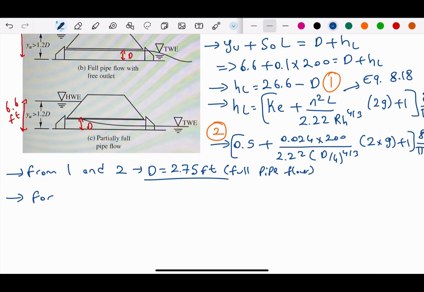For class C, which is partially full flow or open channel flow, we are going to use different equations. If you remember, we use the orifice equation, which here is equal to C_d area times square root of 2gH.